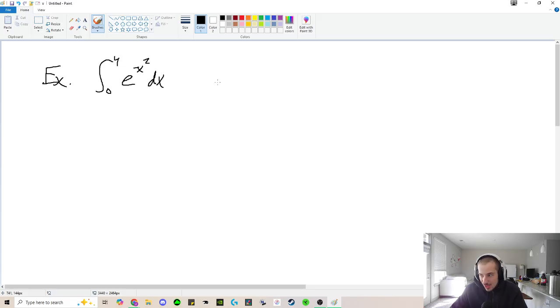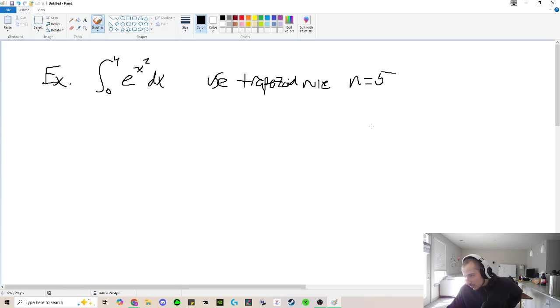I got it. All right, use the trapezoid rule with n equals 5. So we're going to use our trapezoid rule with n equals 5. We're going to make this chart, so this is going to be a big thing. First off, h is going to be b minus a over n, which is 4 minus 0 over 5, which is 4/5. Okay.